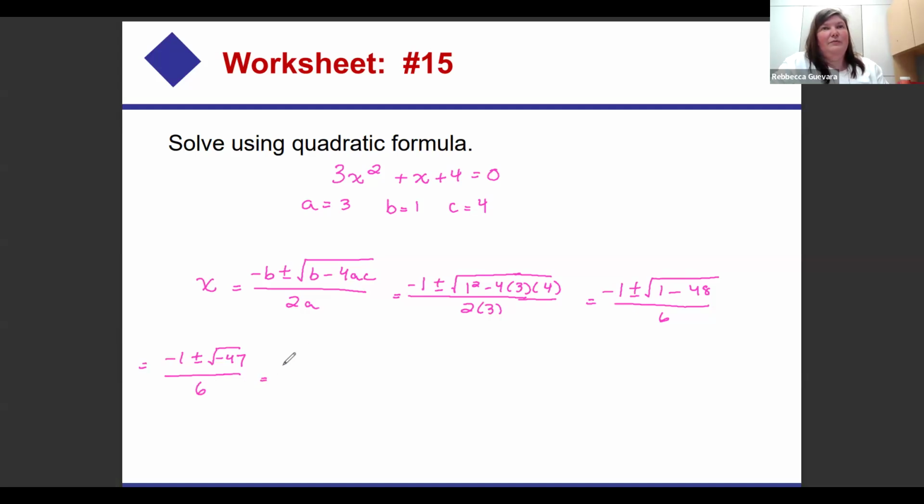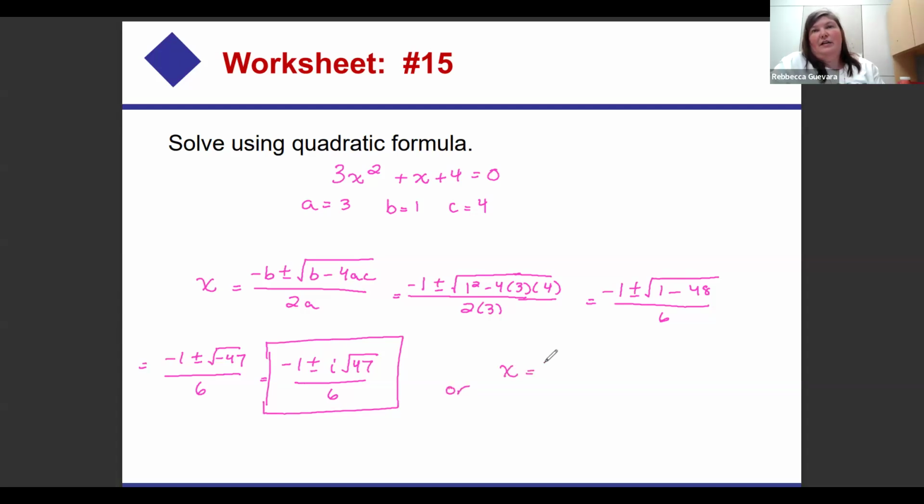But all we have to do is pull out that i. So you can say that is your solution, or you can say x is negative 1 over 6 minus square root of 47 over 6i, or x is negative 1/6 plus square root of 47 over 6i.